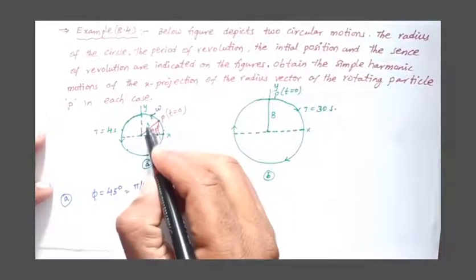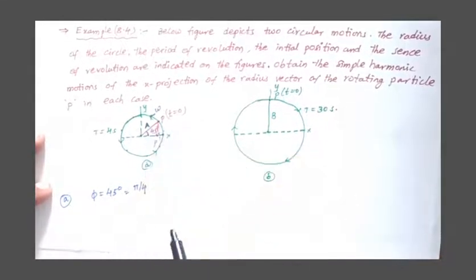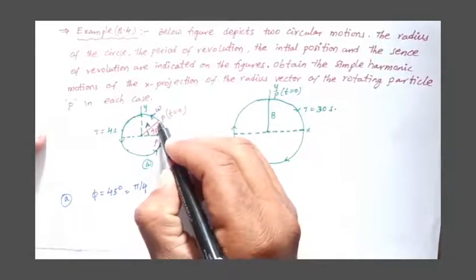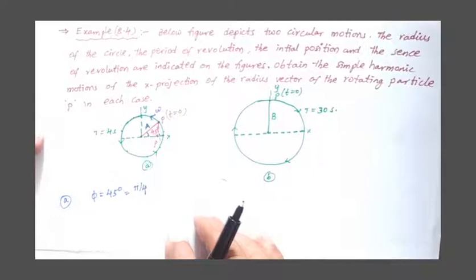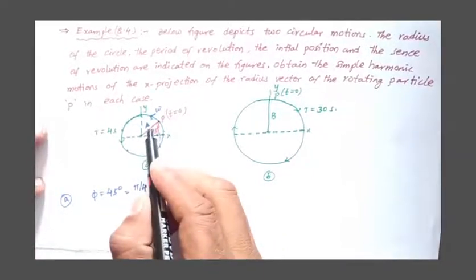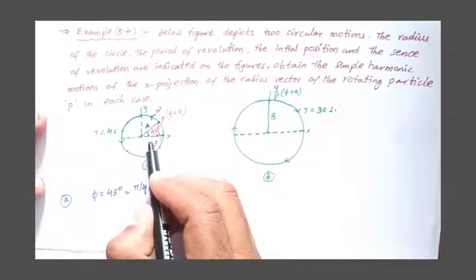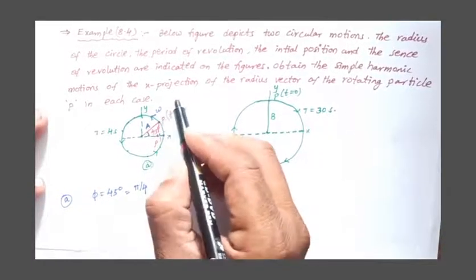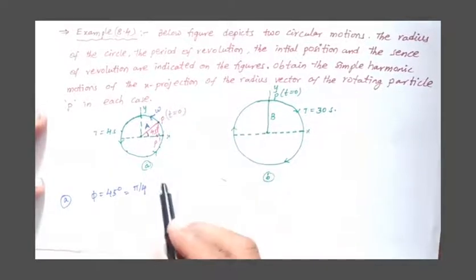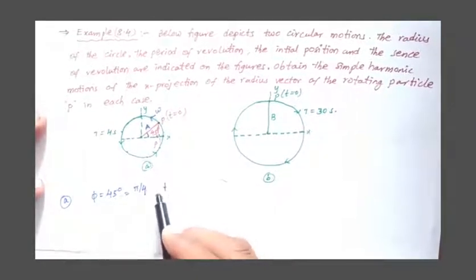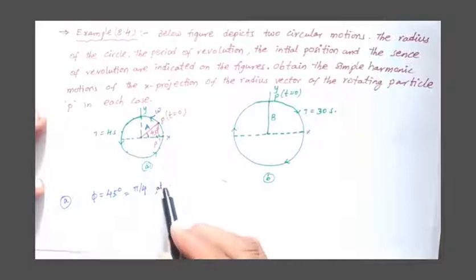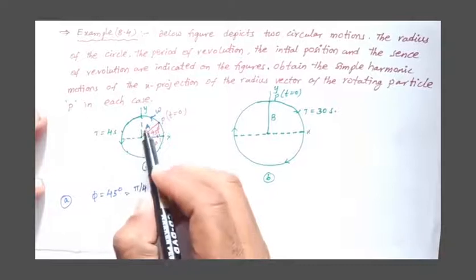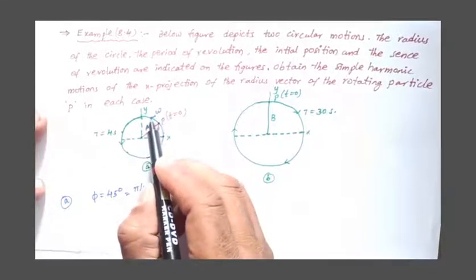Then A is the radius. The radius is the maximum displacement, and the maximum displacement is nothing but the amplitude. So we are taking a certain time, at t equals t. What is the angle at time t?